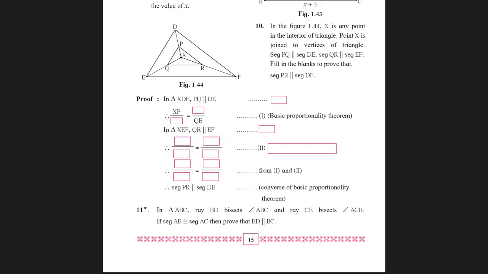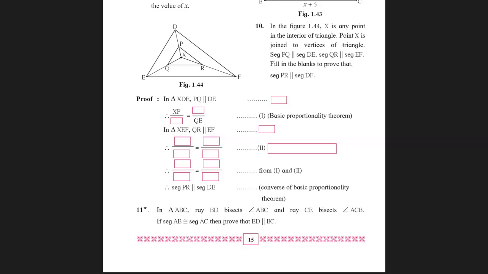So that should be XQ. XQ upon QE. Reason, basic proportionality theorem. That's equation number 1. So what's the first equation? XP upon PD equal to XQ upon QE. Okay. Yes. Let's go to the next step. In triangle XEF, look at the figure, look at the triangle XEF.